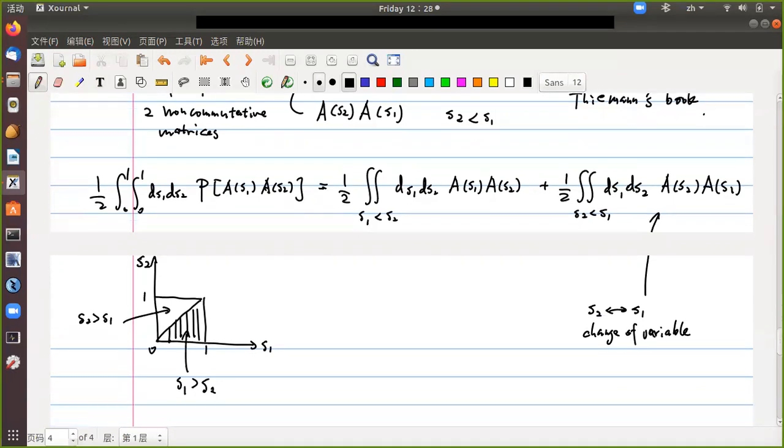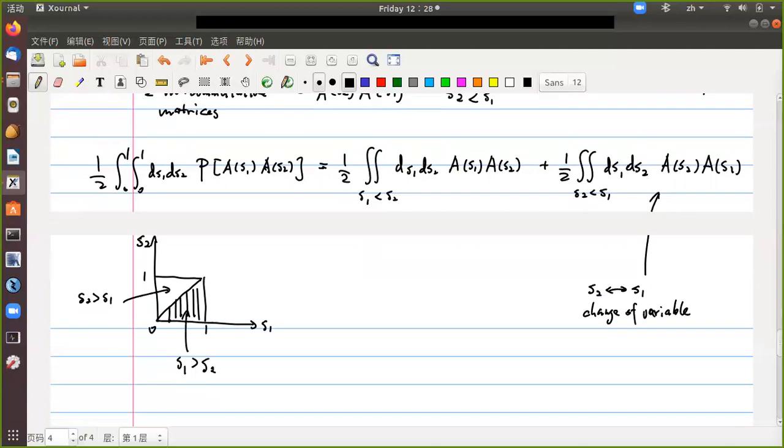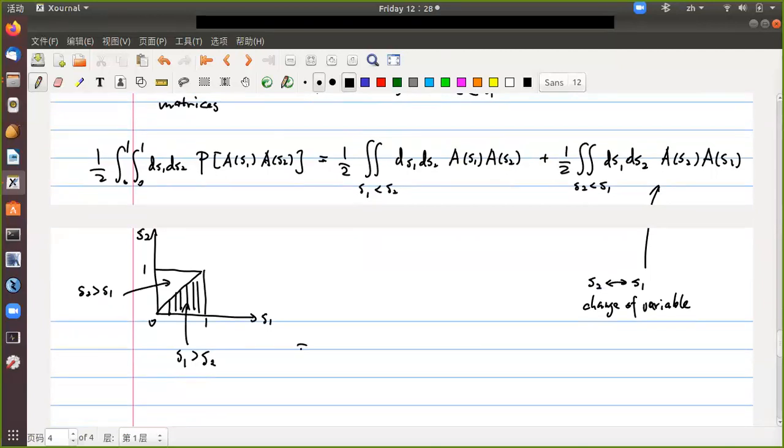Of course, a change of variable won't change the value of the integral. Then you find the second term is just the same as the first term. You replace all the s2 with s1, and you find these two terms are just the same.